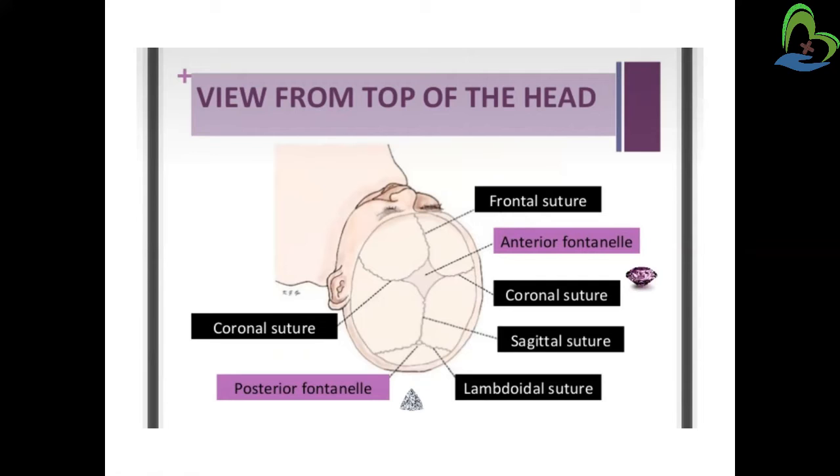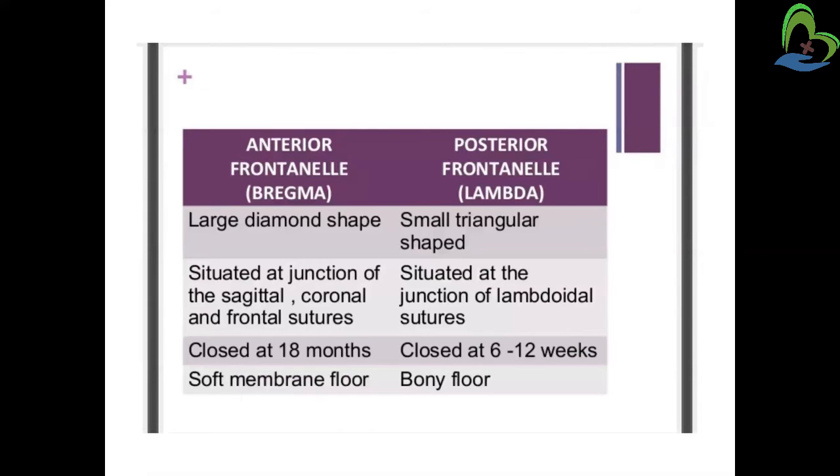In the previous slide we discussed the bones of the fetal skull. This is about the sutures of the fetal skull. Okay. Next, that is the difference between the anterior fontanelle and posterior fontanelle. So what is the difference? Anterior fontanelle is known as the bregma and posterior fontanelle is known as the lambda.